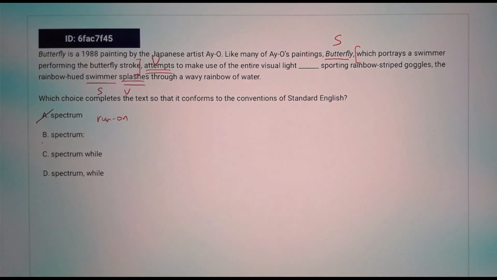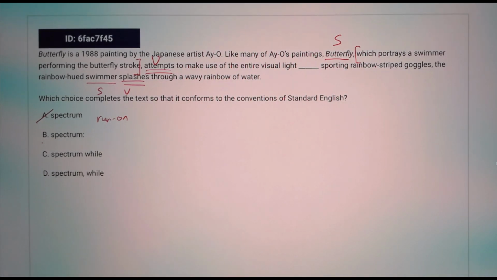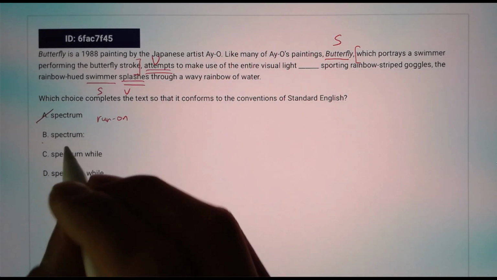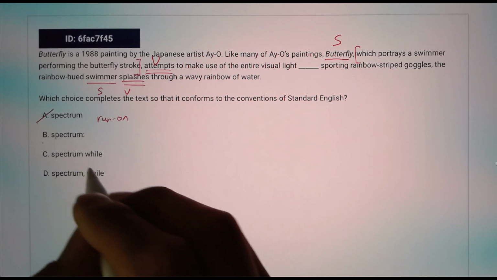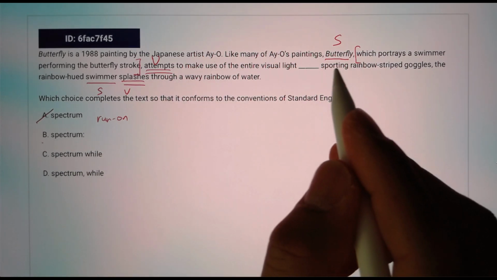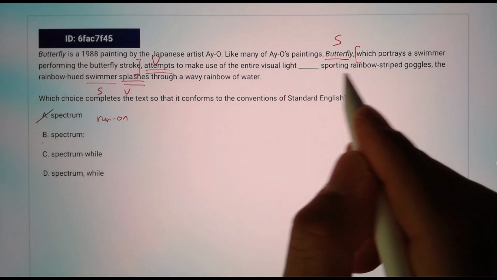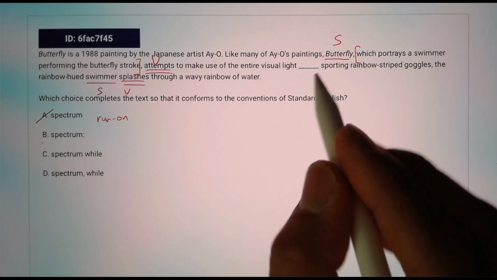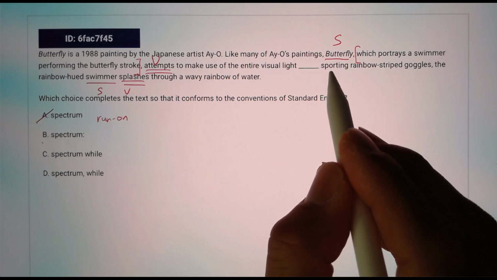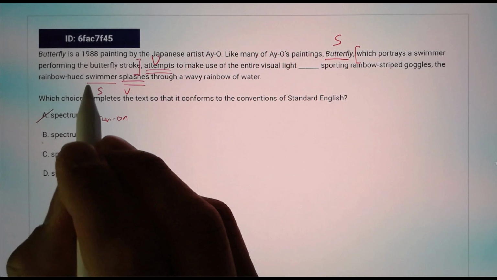C, spectrum, while. So it's failing to create the boundary with a comma or any other punctuation, and it's going to destroy the modifier between the sporting and the swimmer.